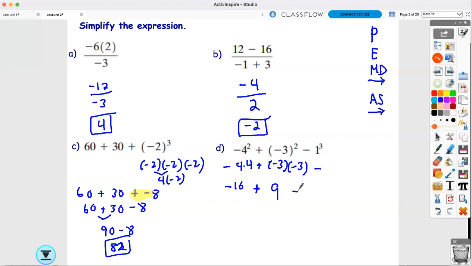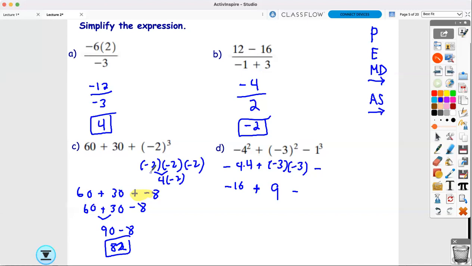I had a question on C. It was -2 in parentheses with an exponent of 3. So shouldn't that have been a +8? It would have been positive if... let's look at the math again. So it's -2 3 times, right? -2, -2, -2.